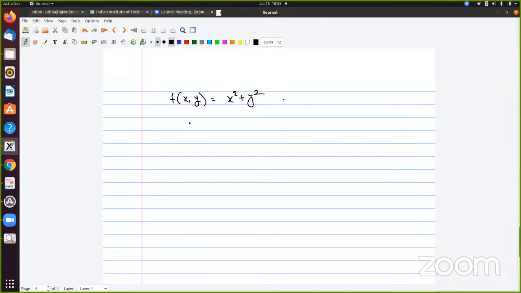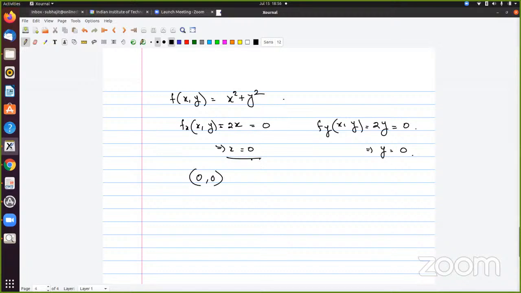Yes, sir. 0, 0. So first of all, fx(x,y) is 2x. This should be 0, and fy(x,y) is 2y, and this should be 0. So from here I am getting x equal to 0, and here I am getting y equal to 0. So basically, the only point which satisfies both conditions is 0 comma 0, right?